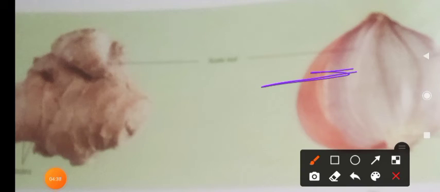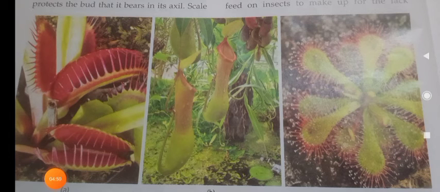Leaves are also modified to store food and water. The scale leaves present in onions, these layers, are called scale leaves. These scale leaves present in onions and ginger store water and food. Also, you might have heard about some plants that eat insects, such as Venus flytrap, pitcher plant, and sundew.